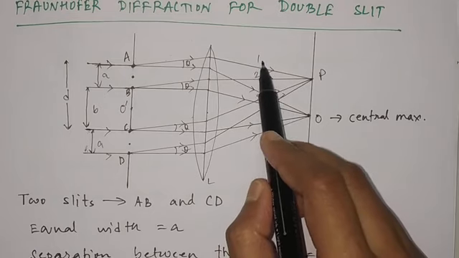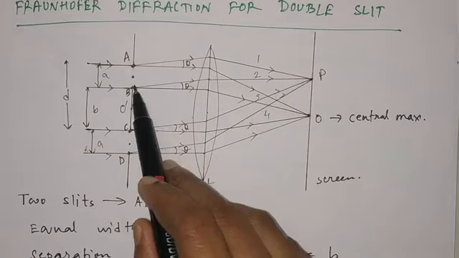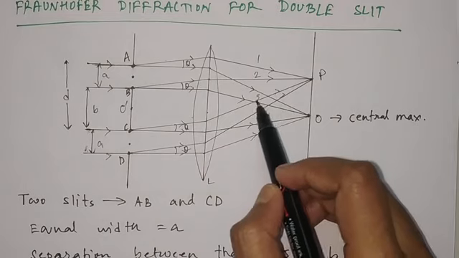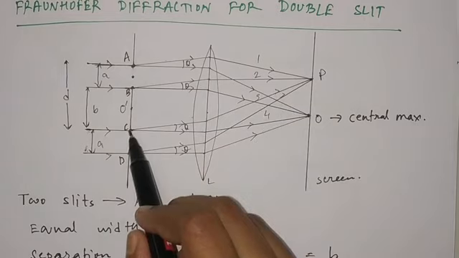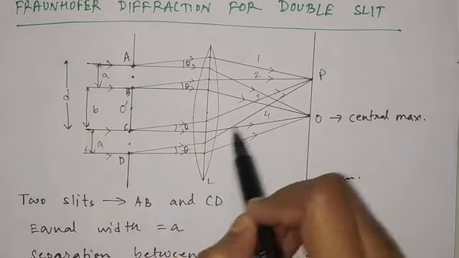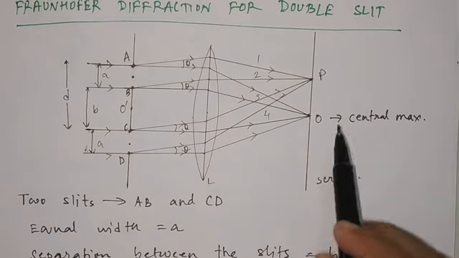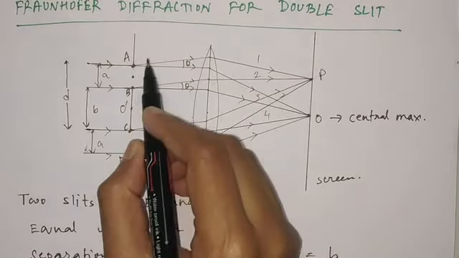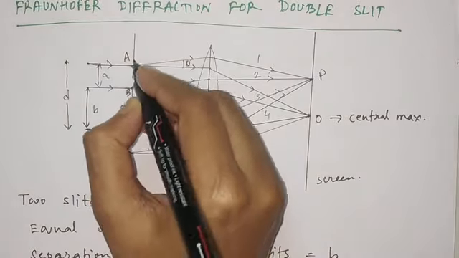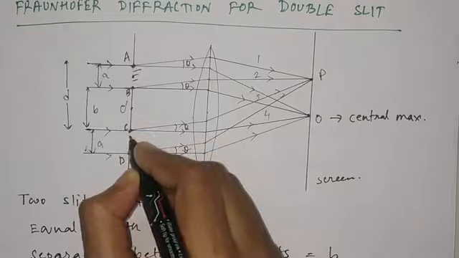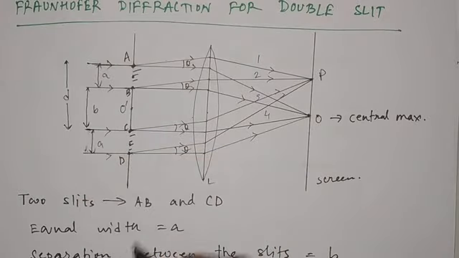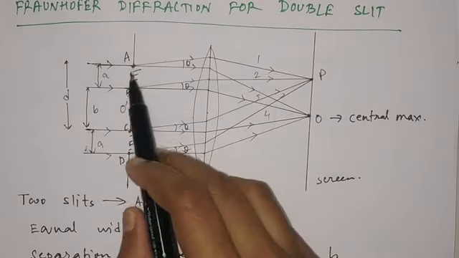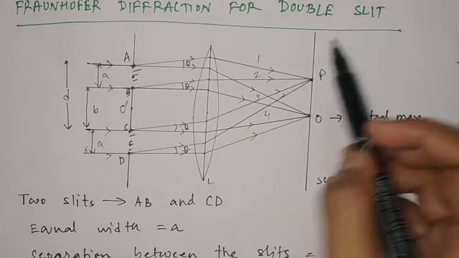The first and second rays are coming from the same slit AB, and the third and fourth rays are coming from the same slit CD, and they are reaching the same point P. There will be other rays between the points A and B and C and D which are diffracted by the same angle theta and will be reaching point P.